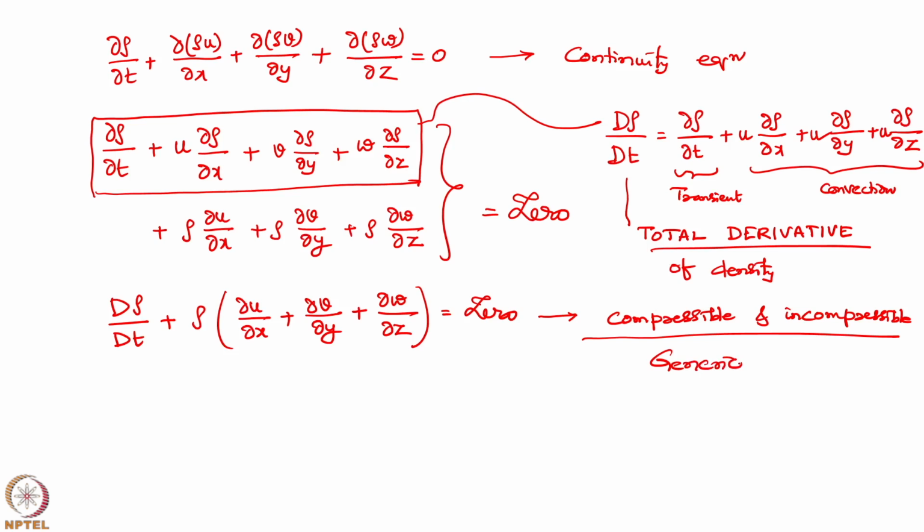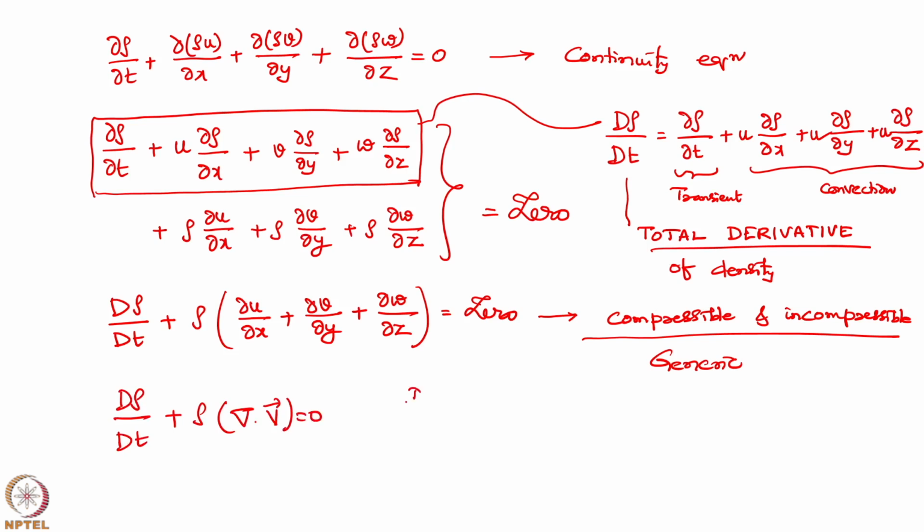But if it is for compressible flow, this is the equation. Now, for incompressible flow, we can even write this as d rho by dt plus rho of vectorially del dot v equal to 0.